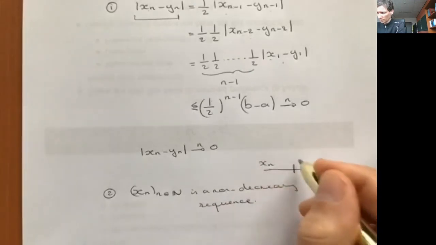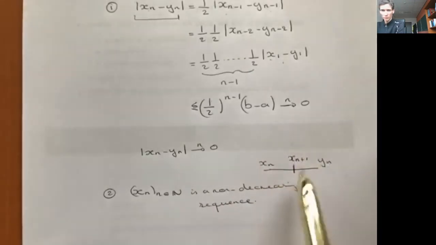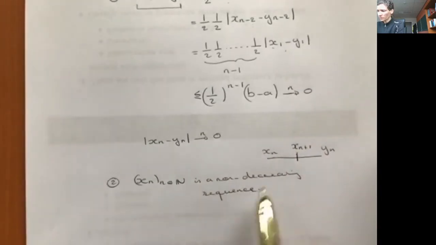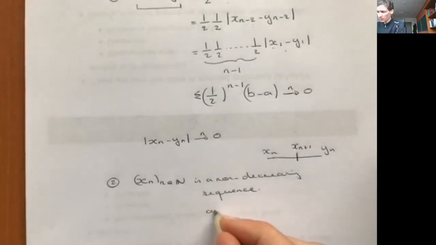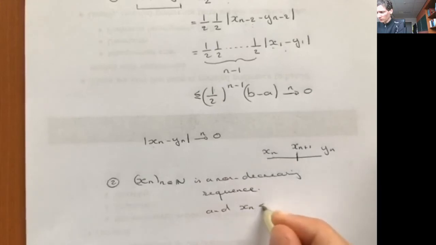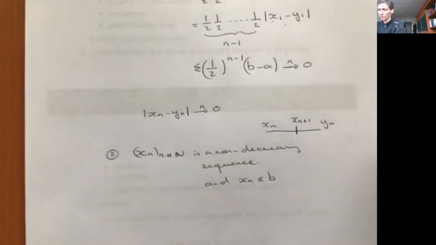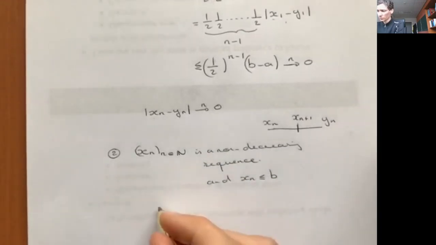Then xn plus 1 will be the midpoint, so it goes up, but it never goes back to the left. It never goes down. So xn is a non-decreasing sequence, and it's bounded from above by the upper bound of the interval. And a non-decreasing sequence which is bounded from above, we know that this converges.